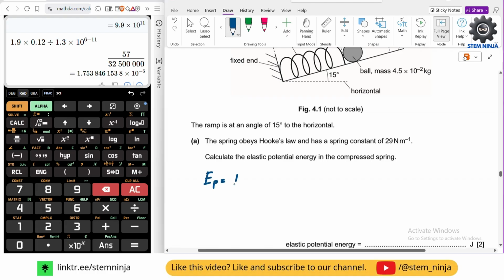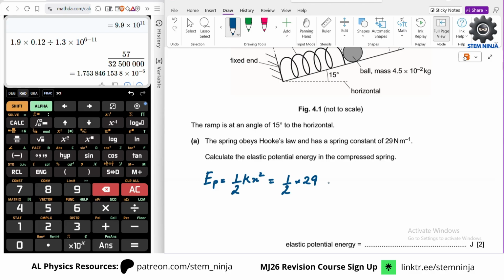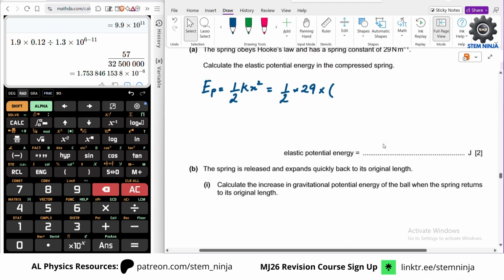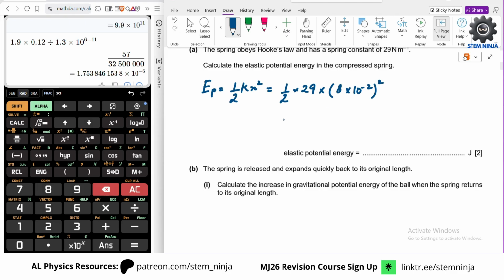So EP is half kx squared. So half times 29, and extension or the deformation is this thing, 8 times 10 raised to power minus 2, whole squared.